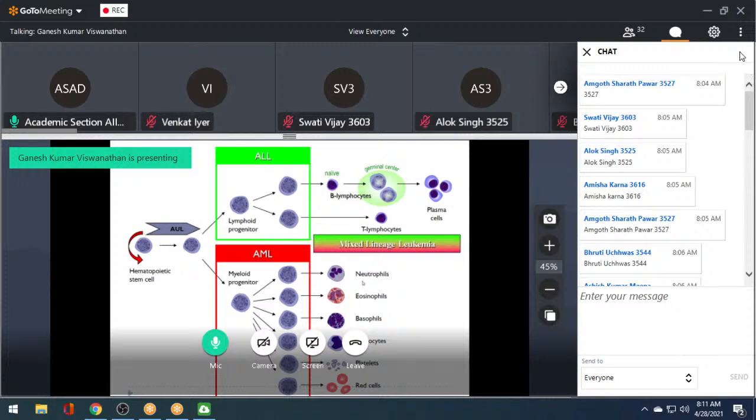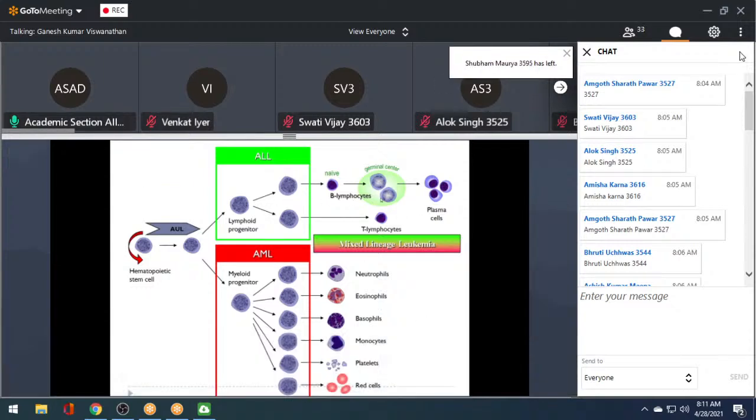Normally, these cells differentiate into different cells of the myeloid lineage: neutrophils, eosinophils, basophils, etc. And the lymphoid progenitors normally differentiate to lymphocytes, B or T lymphocytes. Since these cells arise from normal cells, when they have some abnormality, the acute leukemia also reflects the behavior of the normal cells sometimes.